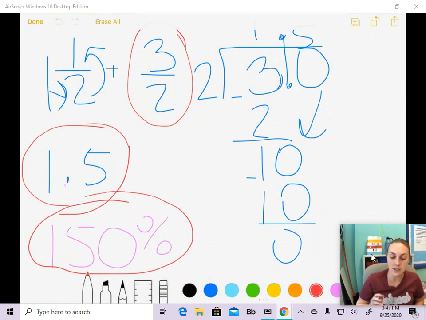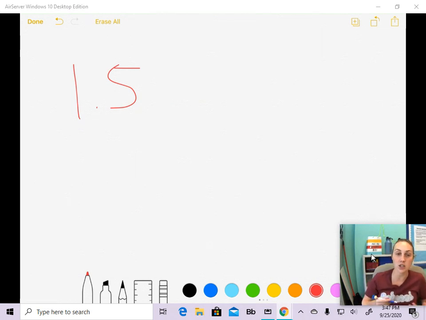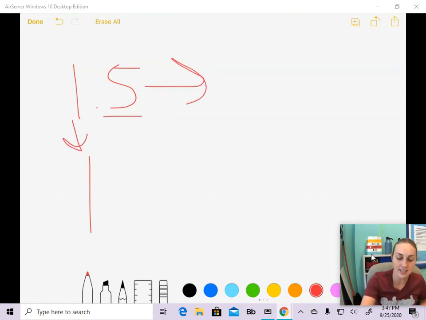Okay, so we have the fraction to a decimal. So let's say I had 1.5 or 1 and 5 tenths, and I wanted to change that into a fraction. Well, what I would do first is bring this 1 down. And then we're going to focus on this 5 tenths.